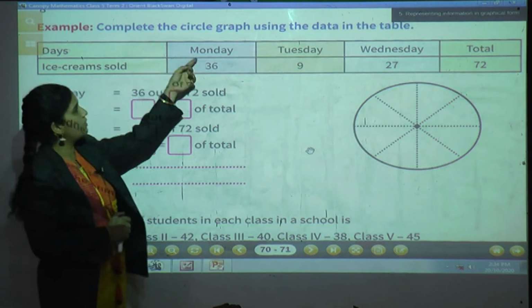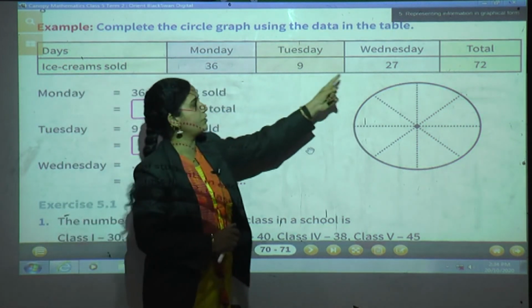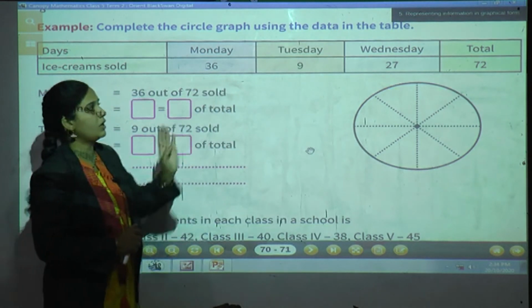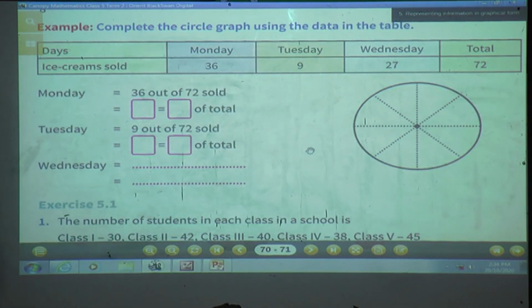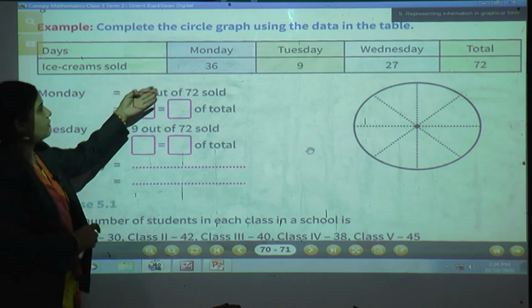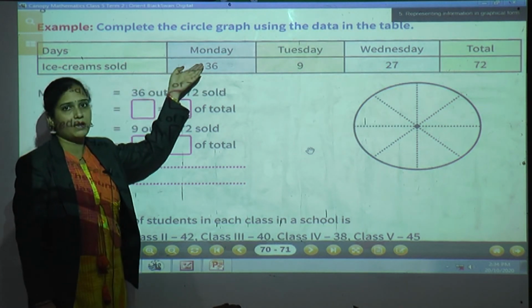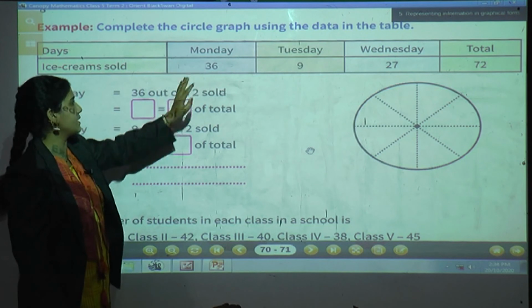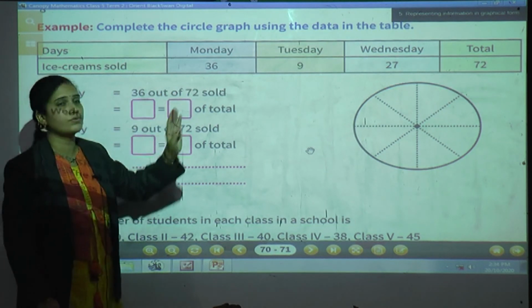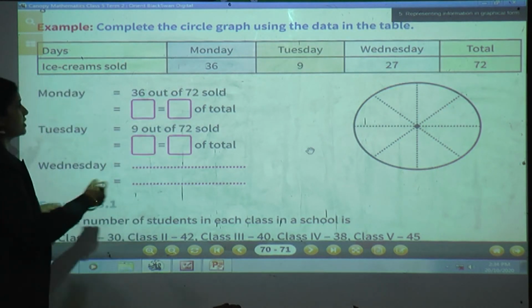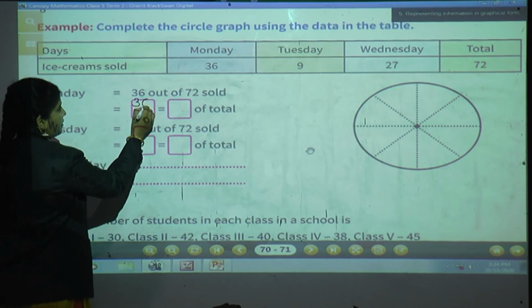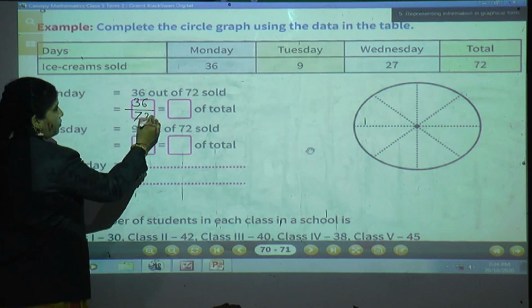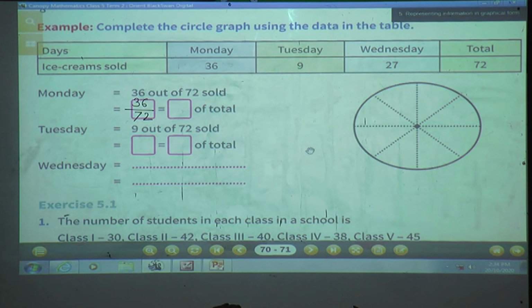Ice cream sold 36, 9, 27. So the total of 72 ice creams were sold. See Monday. How many ice creams were sold in one day? On Monday 36. So 36 out of 72. So just divide 36 by 72. Yes students, you will get 1 upon 2.